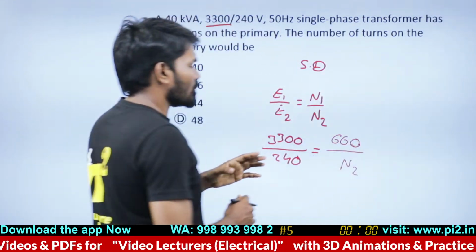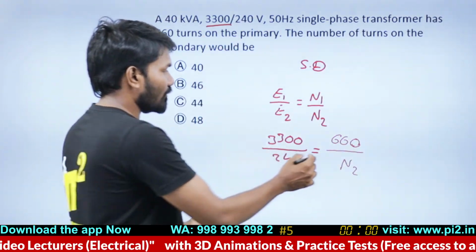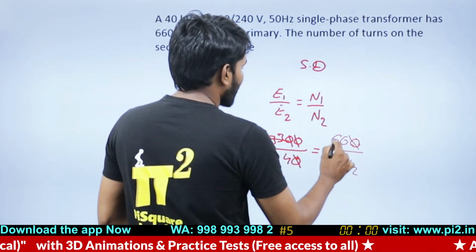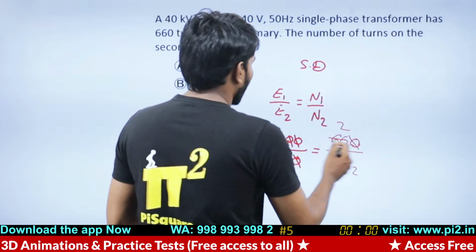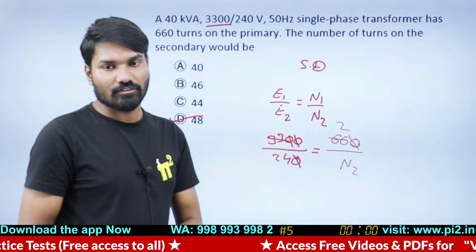Don't think that it's too much maths over here. It's easy. Look at how nicely they've given it. So N2 is equal to 48.